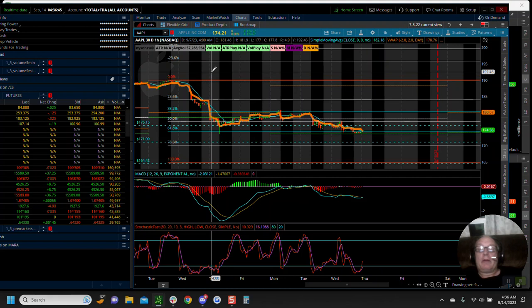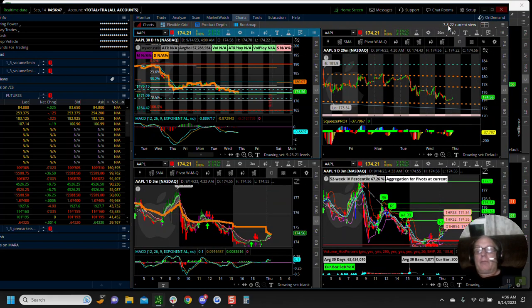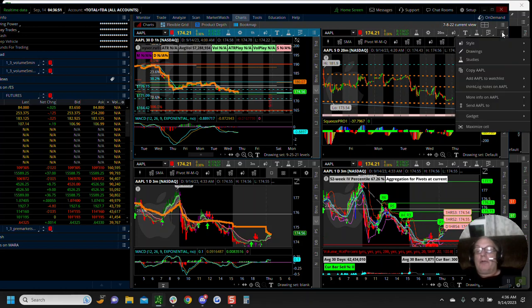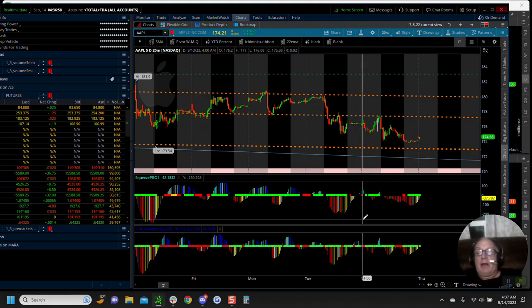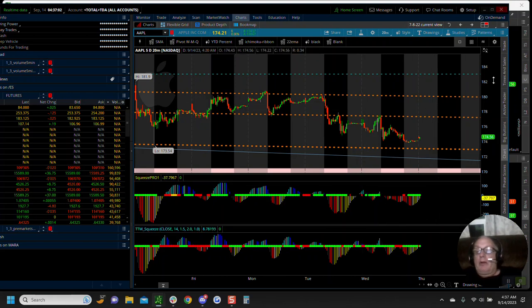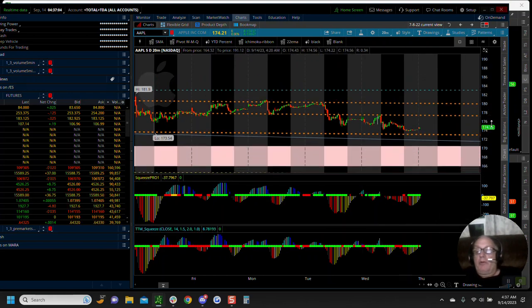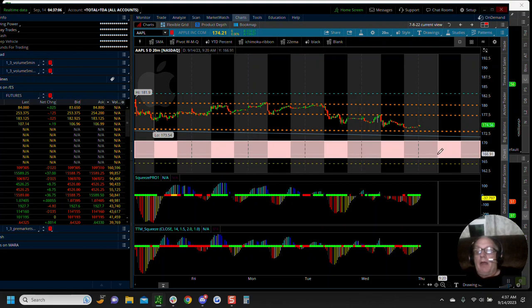You were wanting to know about these right here, so I put all of it together for you, and the squeeze, and what I'm anticipating to happen here with Apple. Ultimately, our fibs are potentially pointing down to 165, and that would satisfy that gap fill. It has not filled since the earnings came out. So we'll see what happens.